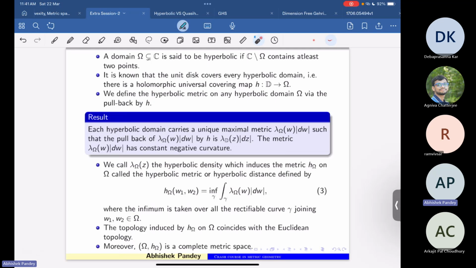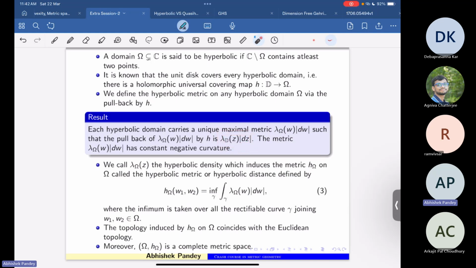Okay, so just a quick recall on the hyperbolic metric. A domain is said to be hyperbolic if C minus omega contains at least 2 points, and then there is a holomorphic universal covering map from the unit disk, and we define the hyperbolic metric on any hyperbolic domain via the pullback by this map. The result is that each hyperbolic domain carries a unique maximal metric lambda omega, such that the pullback of this metric by the universal covering is the Poincare metric on the unit disk.